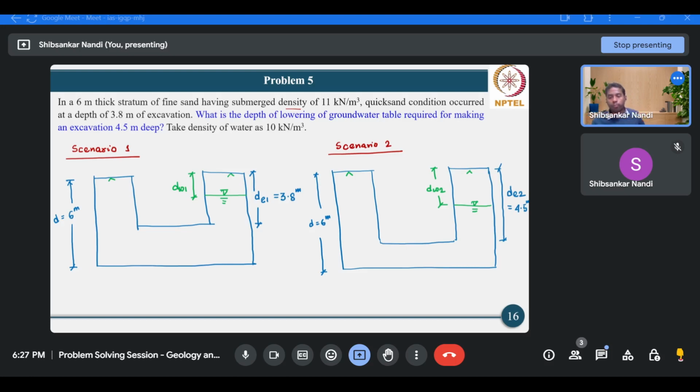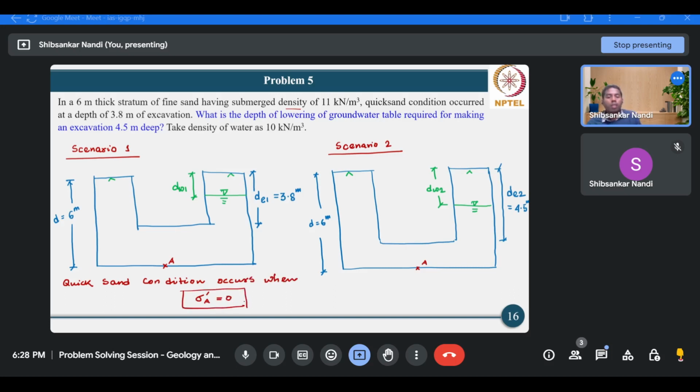Now, suppose this is point A. So quicksand condition occurs when sigma prime A becomes 0.